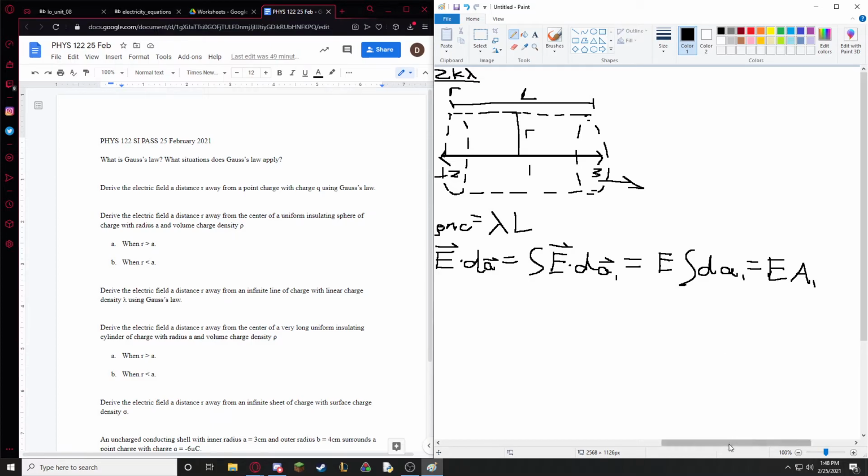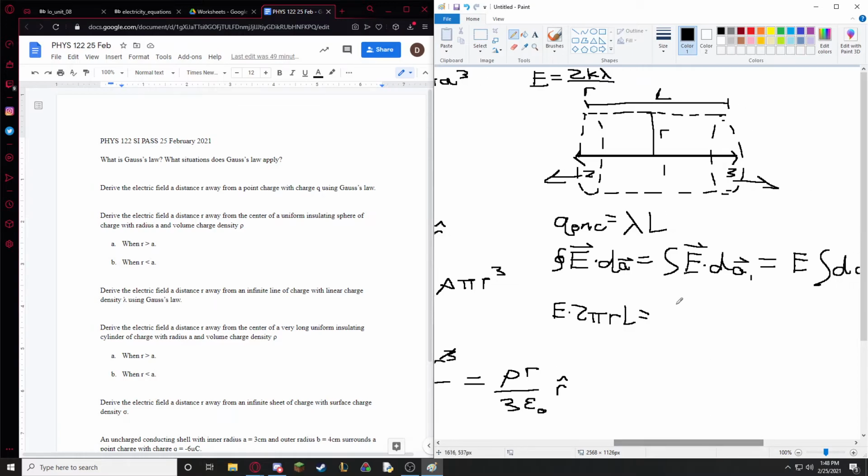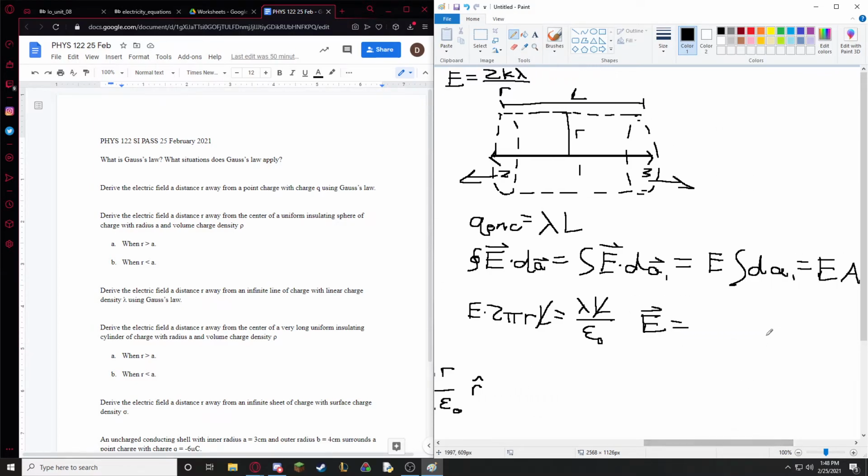So now we have everything we need to solve. We have E times 2 pi RL is equal to Q enclosed, which is lambda L over epsilon naught. L's cancel. We solve for E. E is equal to lambda over 2 pi epsilon naught r.